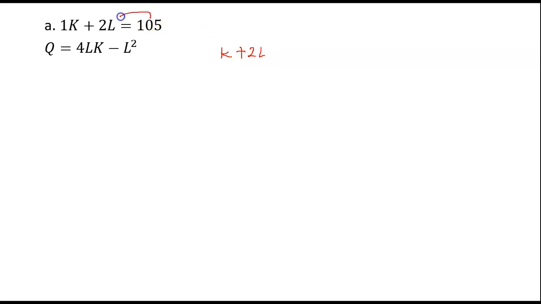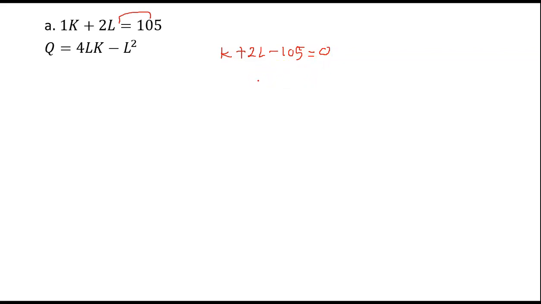You bring this 105 here. When it crosses the equal to sign, it was a positive, right? As soon as it crosses the equal to sign, it becomes negative. So you're going to have K plus 2L minus 105 equals 0. We set the constraint function to be equal to 0. I hope you are with me.